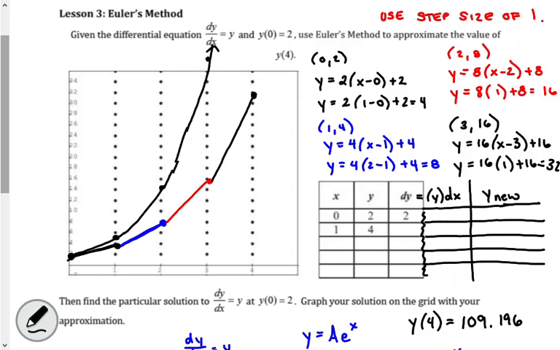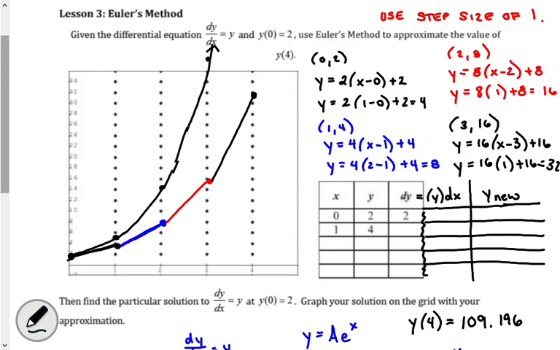All right. So you start with the initial value that you're given, 0, 2, right? These two were given to you. So you plug those in first. And then you calculate your dy, and your dy is y times dx. So your y value here is 2. And our step size, our delta x is what? 1.